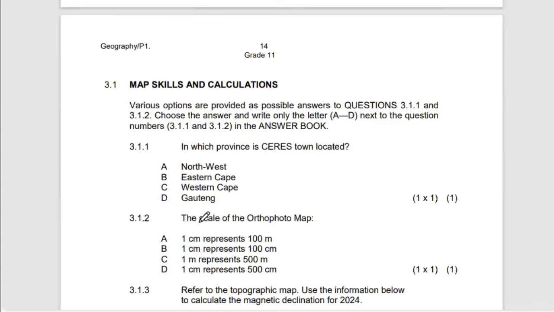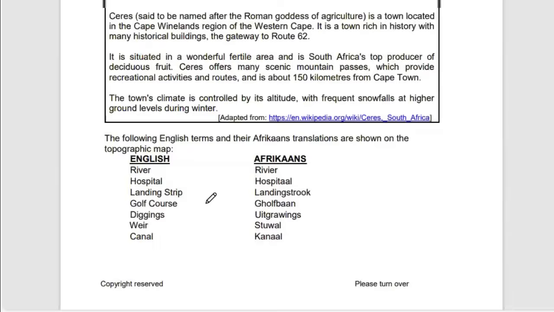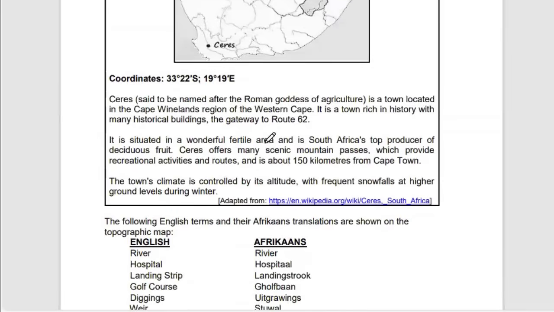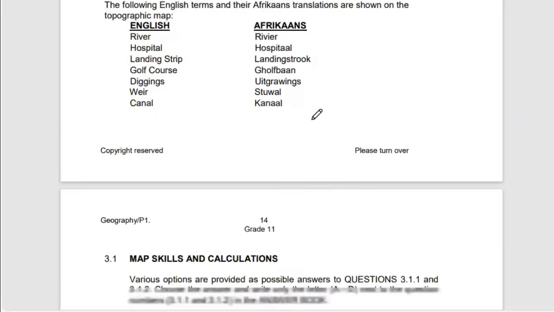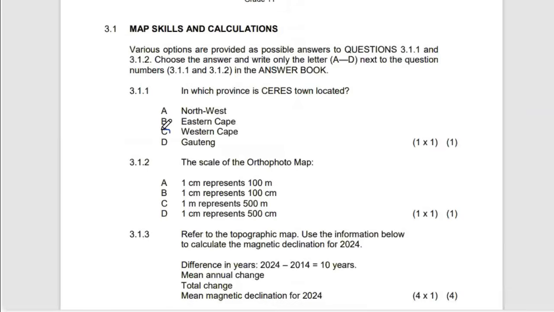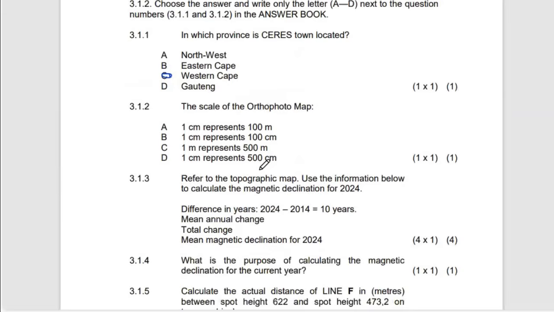So it's just going to the map information where you are supposed to extract the information in regard to the location of that particular place. If you check, our town is in the Western Cape, according to the map information, which is response number C. The scale of the orthophoto map, we must always know that the scale of the orthophoto map is 1:10,000.